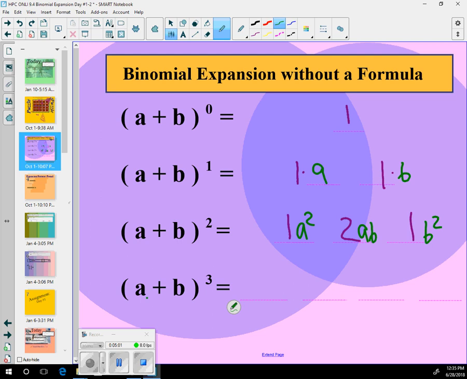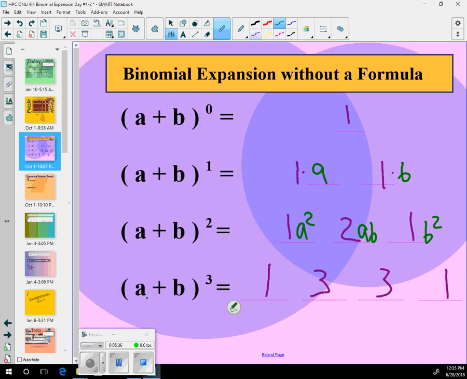And for A plus B cubed, we can use this pattern. We know we're going to have an A cubed and a B cubed at the end. In between, we're going to have an A squared B and an AB squared. So 1 plus 2 will give me the 3, and this will be a 3 as well.